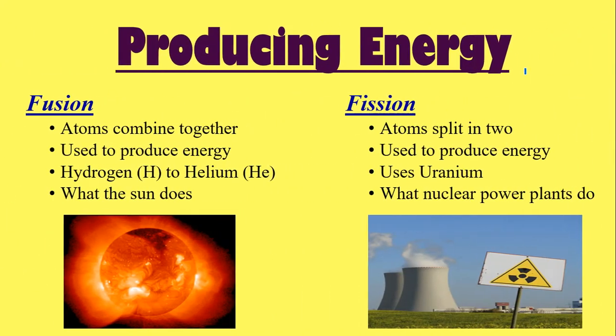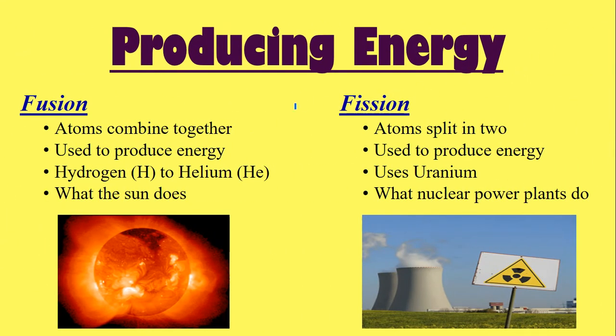Now, the Sun does produce energy, and the Sun produces energy by fusion. This is when atoms combine together. So in the Sun, it's hydrogens combining to create helium. While on Earth, we use something the opposite of it called fission.